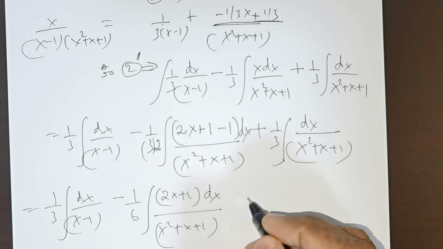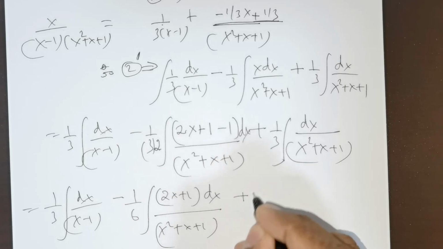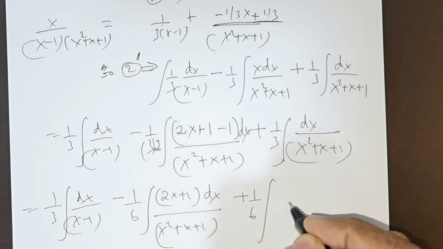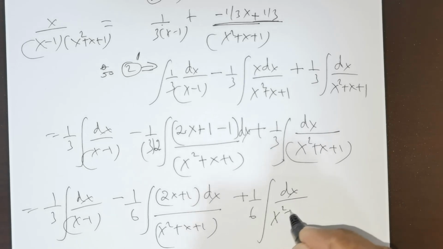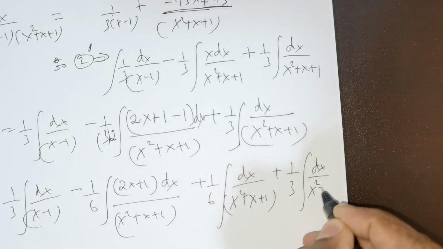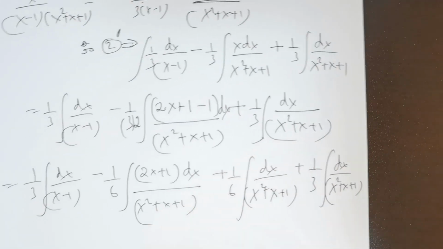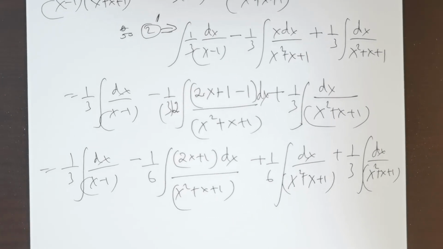So that gives us negative times negative, positive. So positive 1 over 6 integral dx over x² + x + 1, and you have a positive 1 over 3 integral dx over x² + x + 1. Okay, so fair enough. This is what we have got.